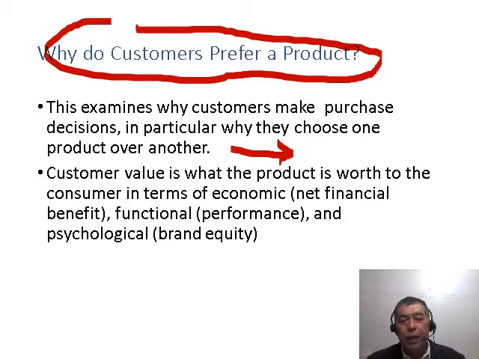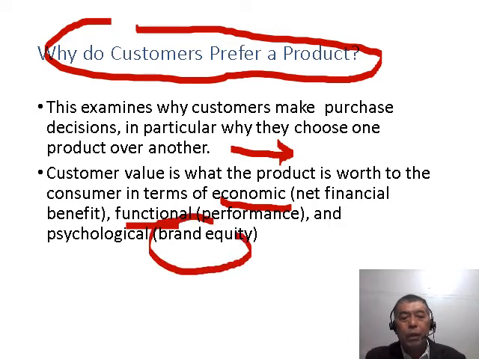So customer value is what the product is worth to the consumer in terms of the economic, the net financial benefit, the functionality, the performance, and psychological, which is the brand equity. In terms of psychological, the segmentation you are going to use should be the values, attitude, and lifestyle.